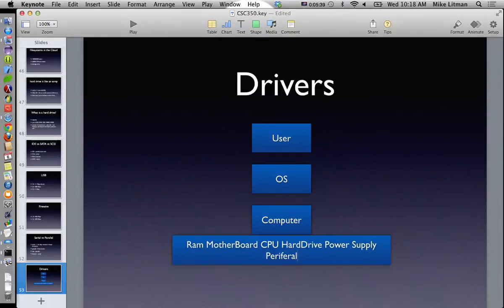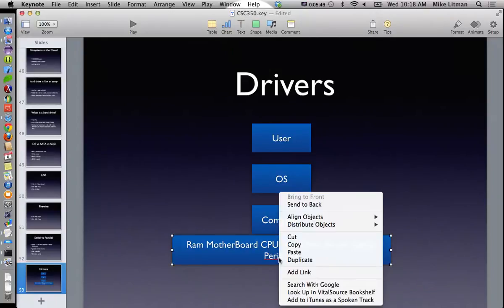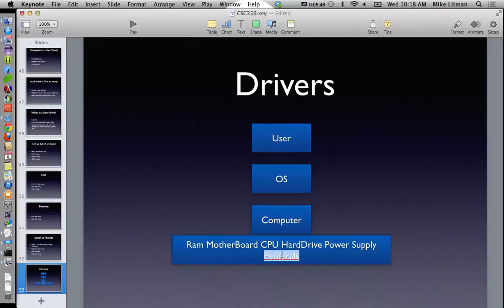Gotta have a fan in there. What about peripherals? Did I spell that right? Doesn't look like it. There we go.